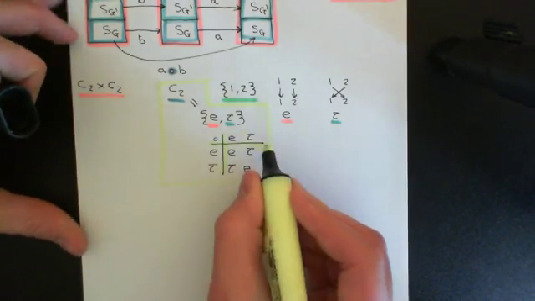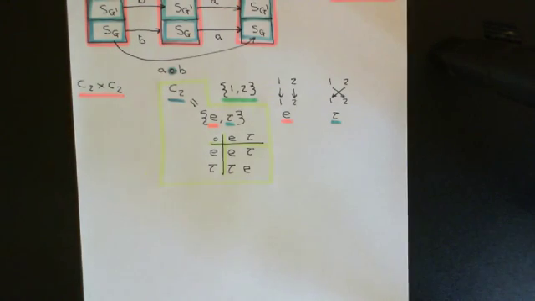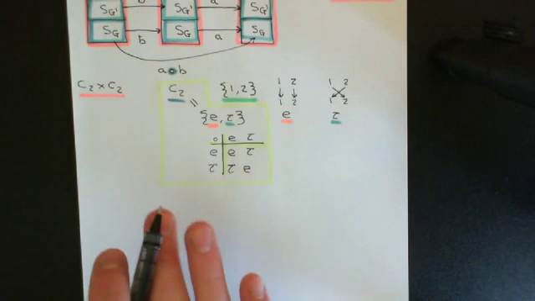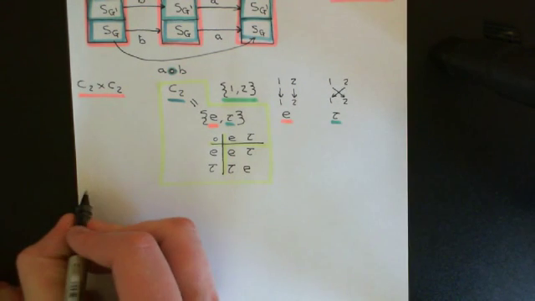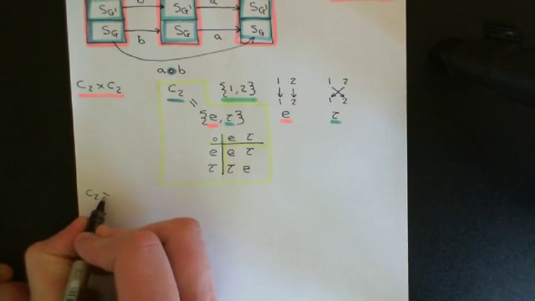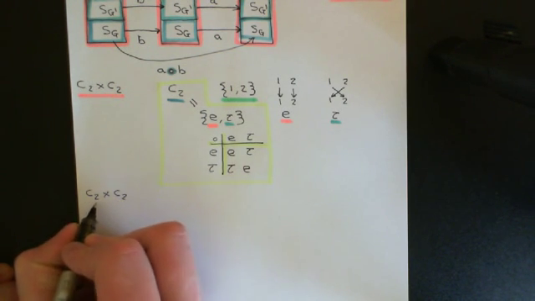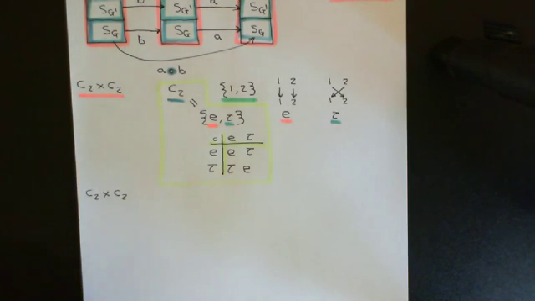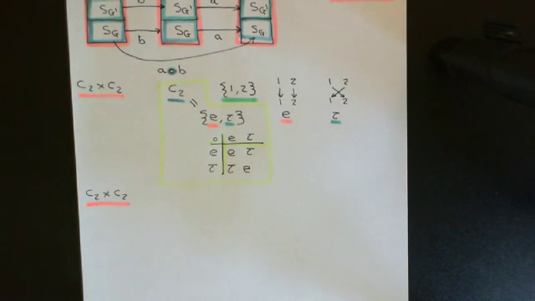So this is C2, and now what we want to do is construct C2 cross C2. So I want to take the product of C2 with itself, basically constructing a new group which is going to be C2 cross C2. The first thing to do is to construct this as a set. Firstly we want to construct that set, which is going to consist of all ordered pairs of elements from the two groups.